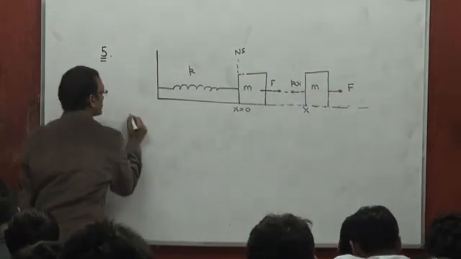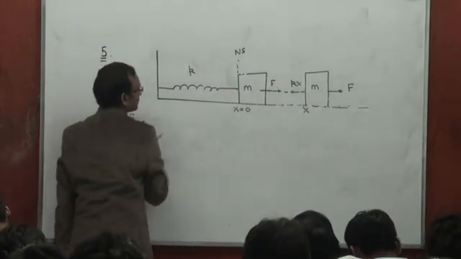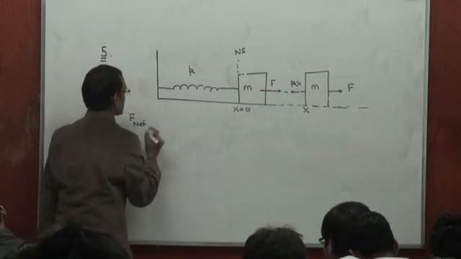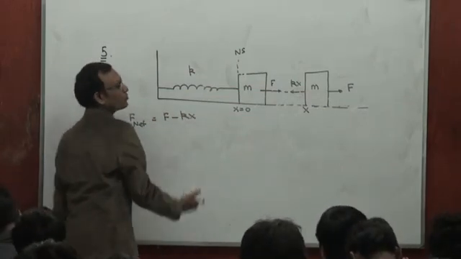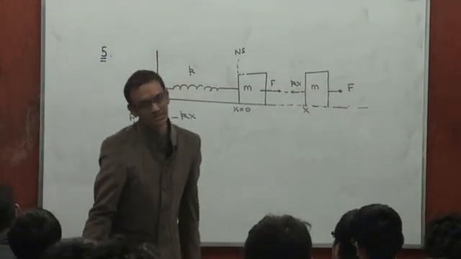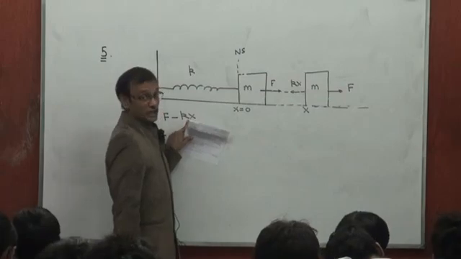So the net force acting at any given x from the natural state of the spring is going to be F minus kx. Motion obviously then would be simple harmonic, with omega still being root k by m.